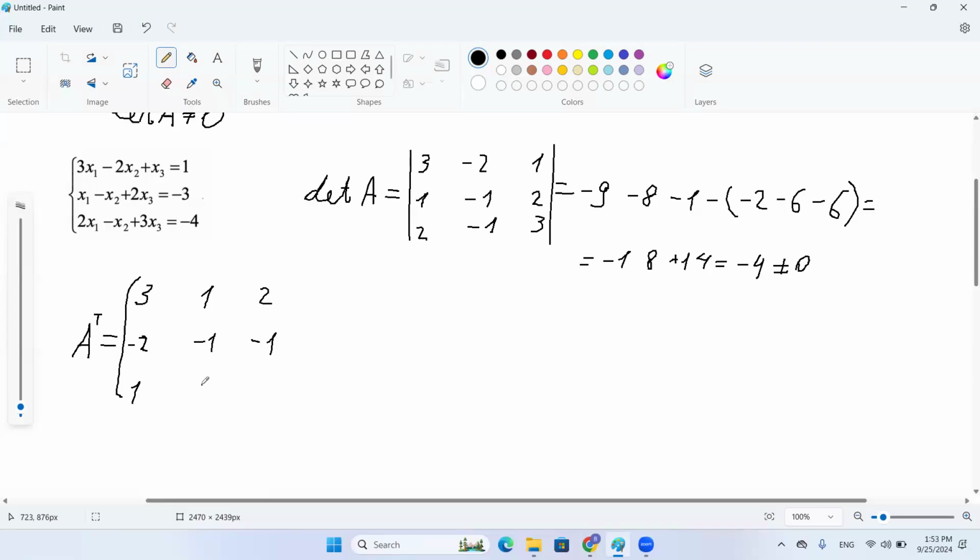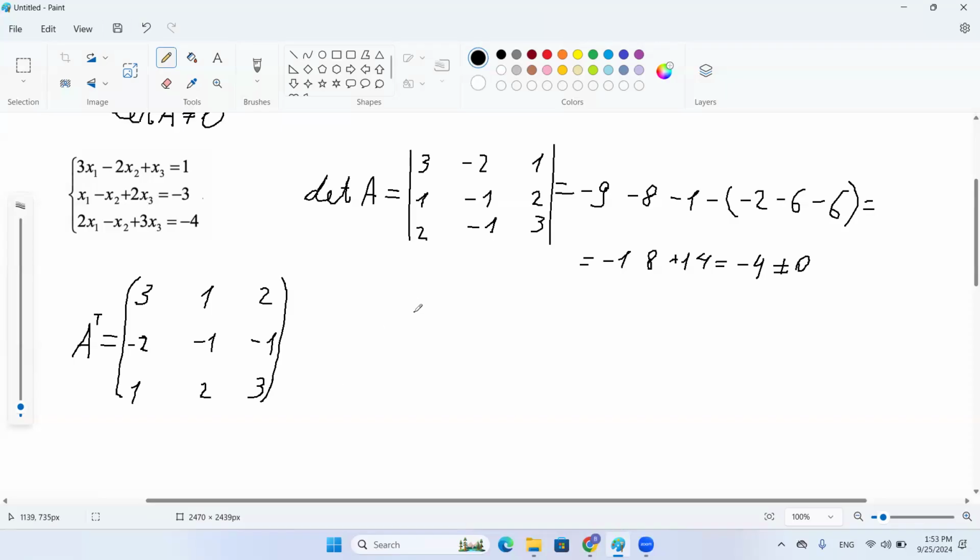So 1, 2, 3. Each column became a row, or vice versa. It was a row 3, minus 2, 1, and here it is a column. So we just change columns and rows, and remember that we can transpose any matrix. It doesn't matter if it is square or not.